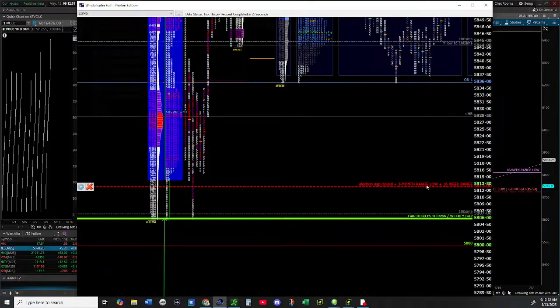Oh, it's here, the 16-week range low. Okay, let me highlight that. It's highlighted here. Let me highlight it in my Sierra charts as well.